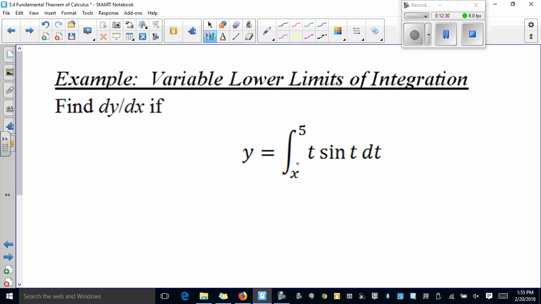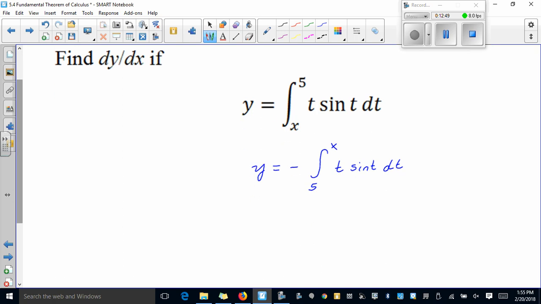And now we can go through and put our x's where they belong. So we get negative x sine of x. There is our derivative of our integral. It is still asking us for the derivative. So on this one here, we just throw the negative on the outside, and there's our answer.